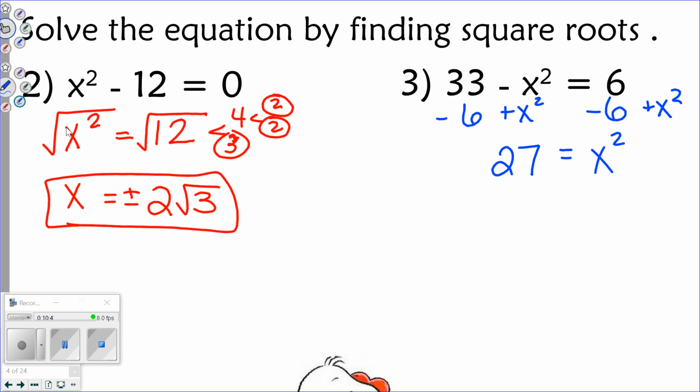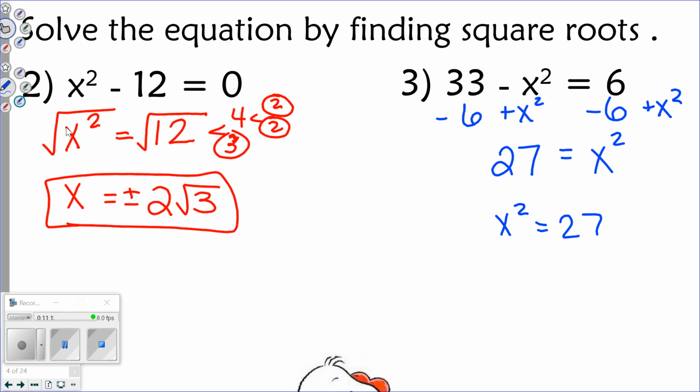Does that freak anybody else out because the x squared's on the other side? Some people go into a conniption and start shaking, right? Don't know what to do with it. Yeah, if this bothers you, is it okay if I write x squared equals 27? It's still this equals this. It doesn't matter which way you write it. It's totally fine. You can do that.